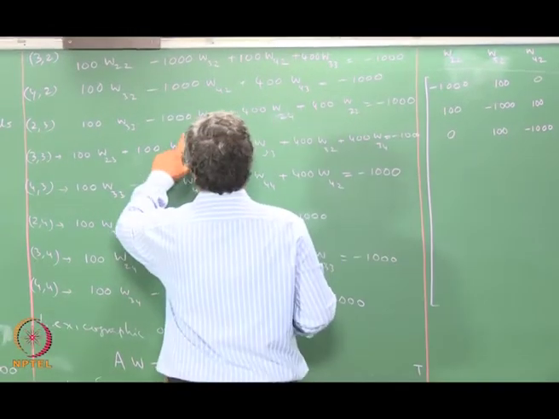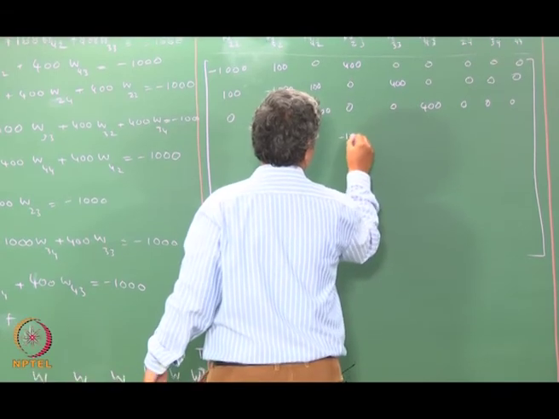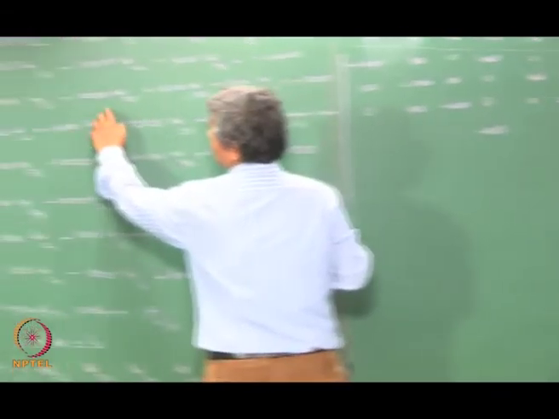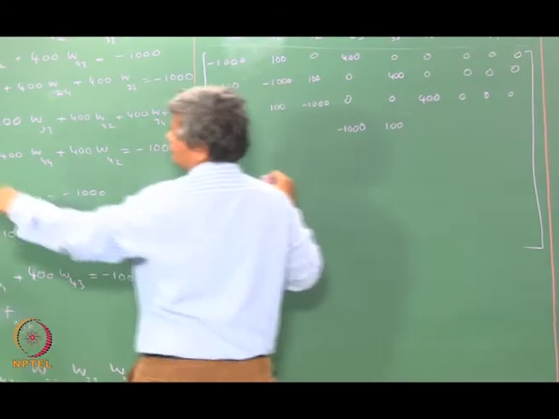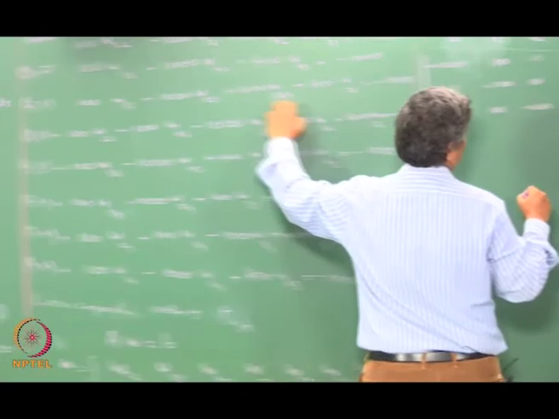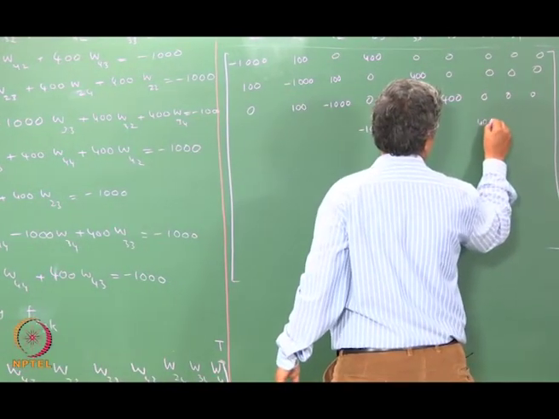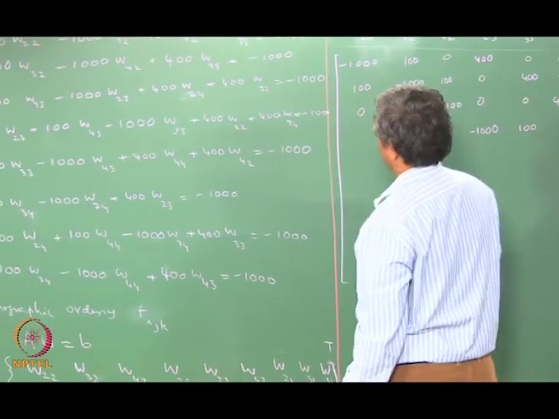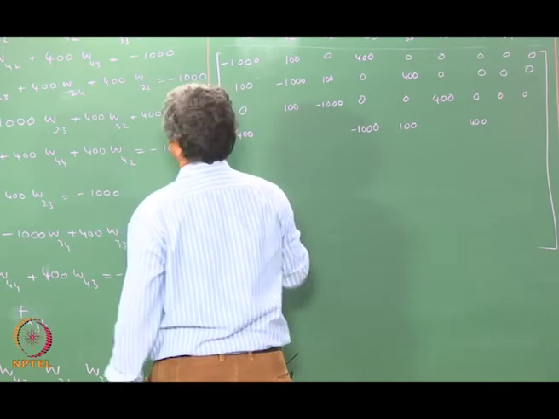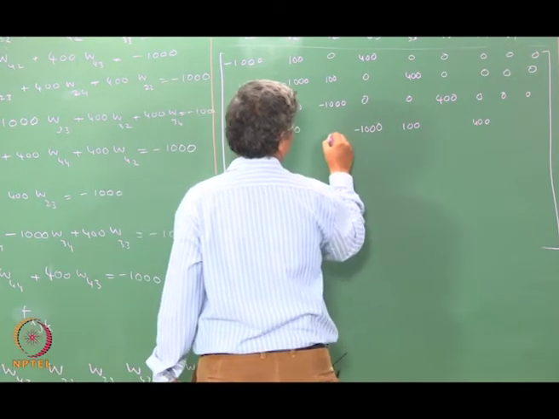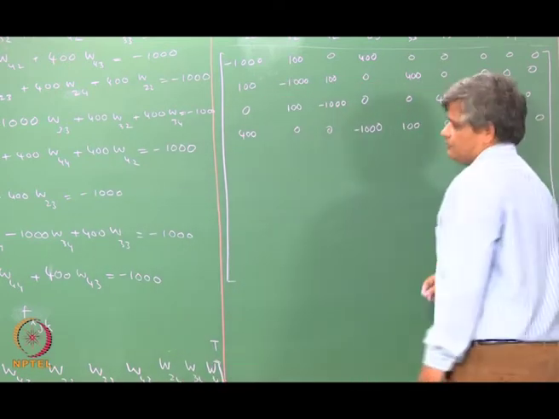And we come to this one here: W23 is minus 1000, 33 is 100, 24 is 400, and 22 is 400. The others are 0.